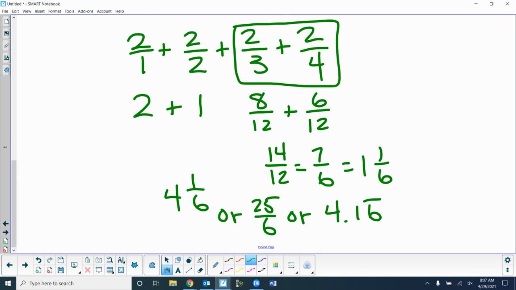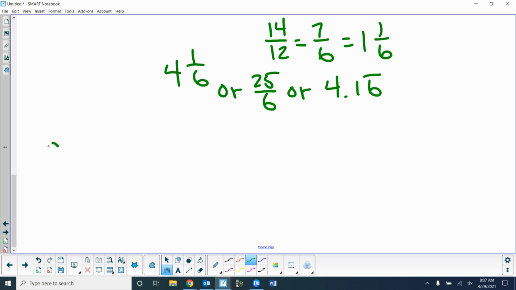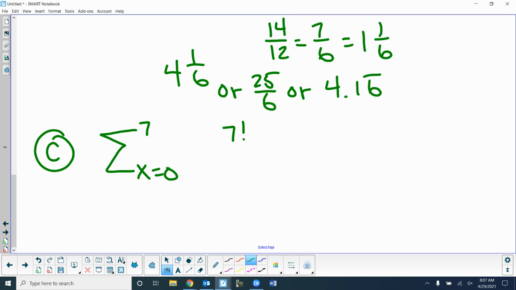All right, and then the last one, C, we're going from X equals 0 to X equals 7, all right? So we're going to substitute 0 in, okay? And the rule is 7 factorial over x factorial times 7 minus x factorial.